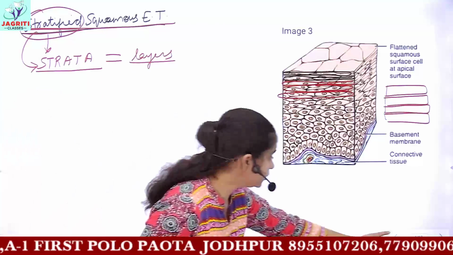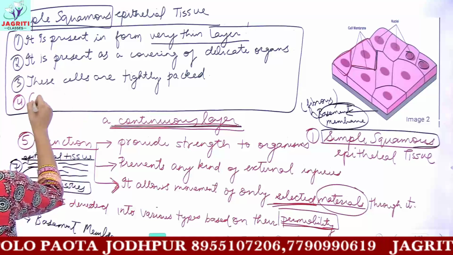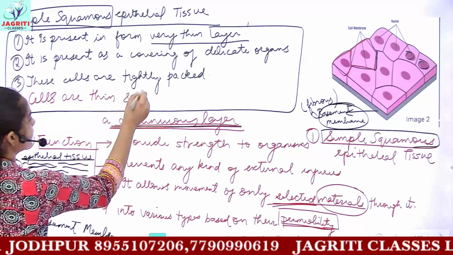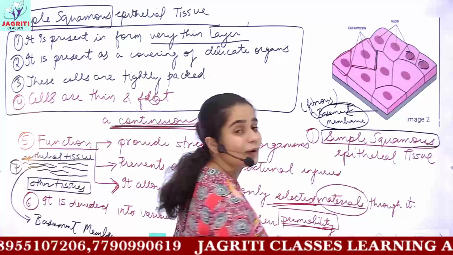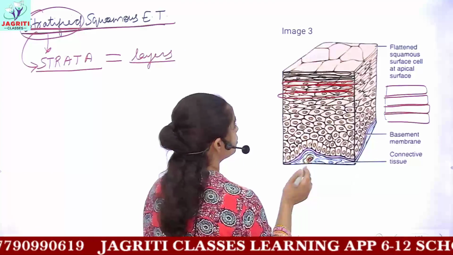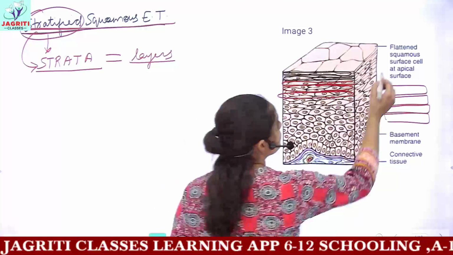You can also include one more point in this, that here the cells which are present are very thin and flat. You can see that the upper surface of this is quite flat in nature. Similar is the case with this. Here also you have circular cells, but the top layer is flattened.